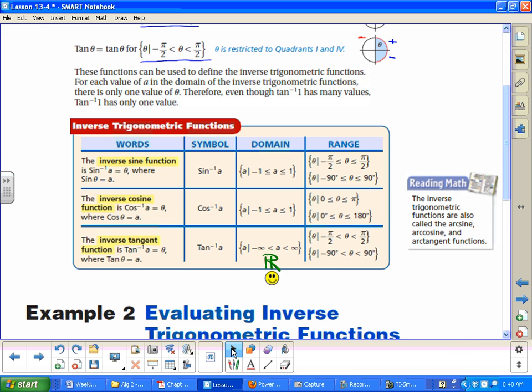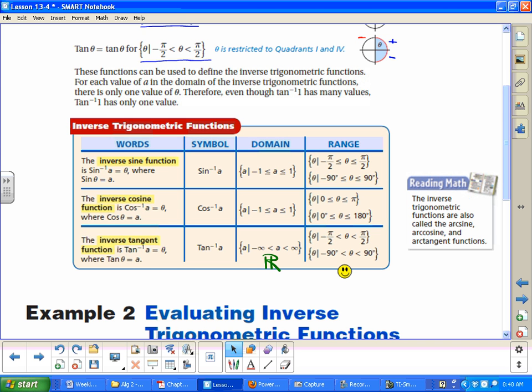And then the angle I'm going to get is going to be between -pi/2 and pi/2, or -90 and 90. Now, one thing to notice: with sine, it includes -90 and 90. With tangent, it does not include them because they're undefined there. You have asymptotes.